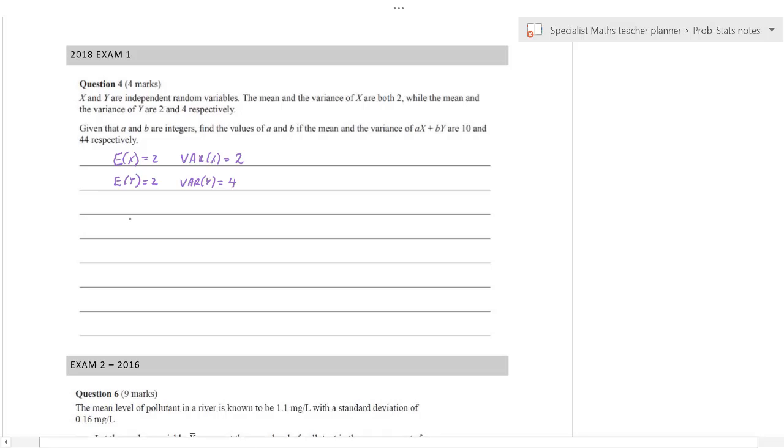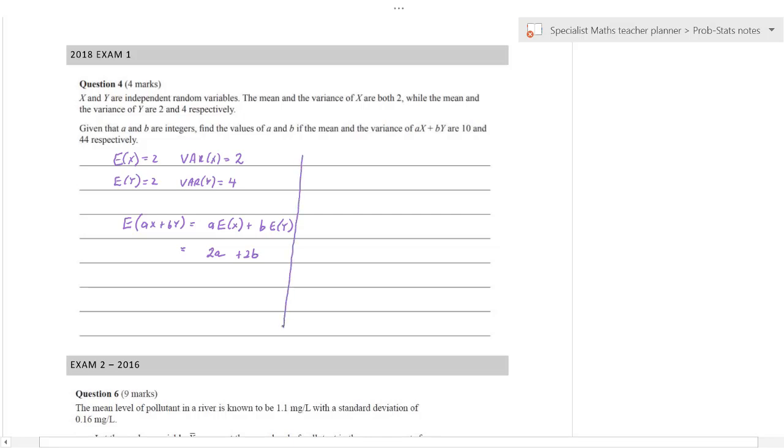So what we're going to do is find E(AX plus BY). That's equal to A E(X) plus B E(Y). Now we know what E(X) is, that's 2. So we've got 2A, and E(Y) is 2, so that's 2A plus 2B.